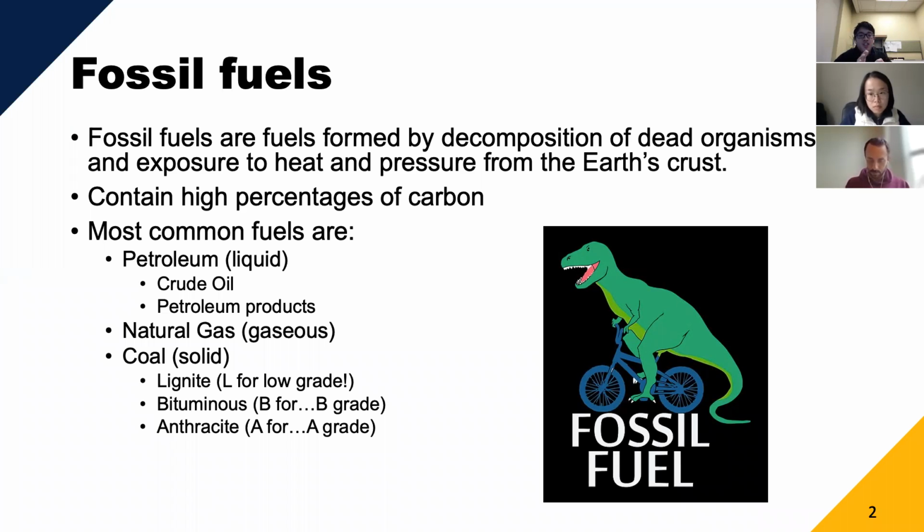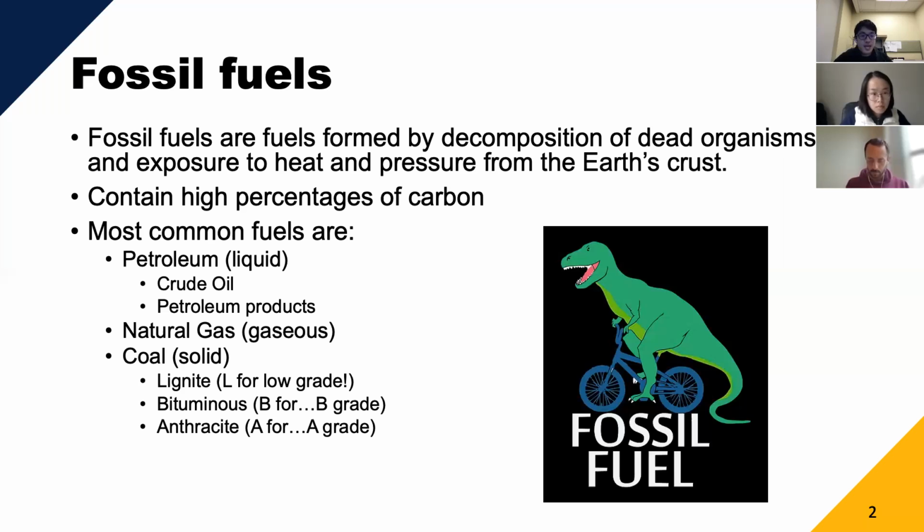So you've got three common fossil fuels, and those are basically in the forms of liquid, gaseous, and solid, right? So petroleum is the common liquid. This is analogous to crude oil and petroleum products.